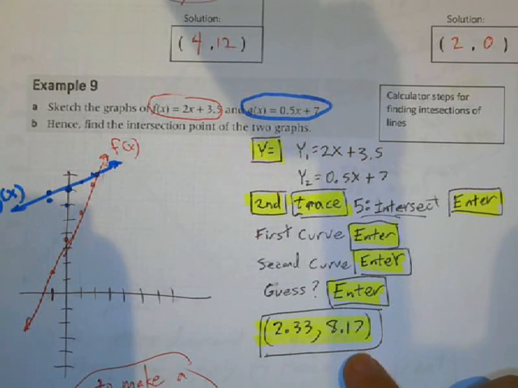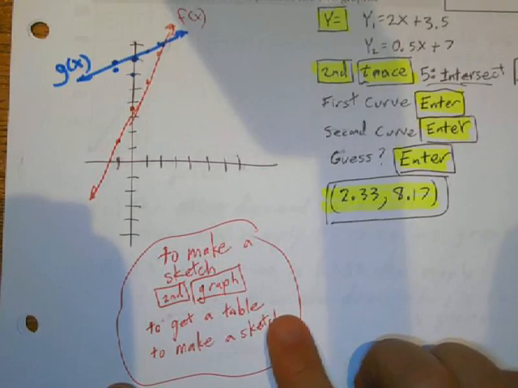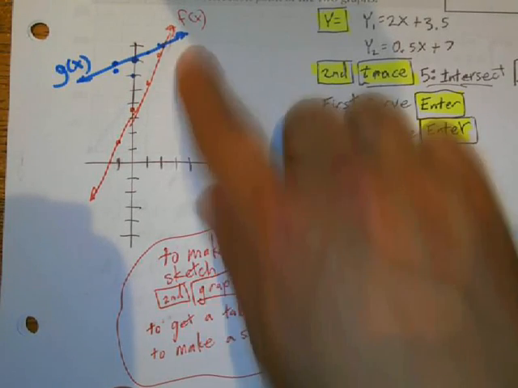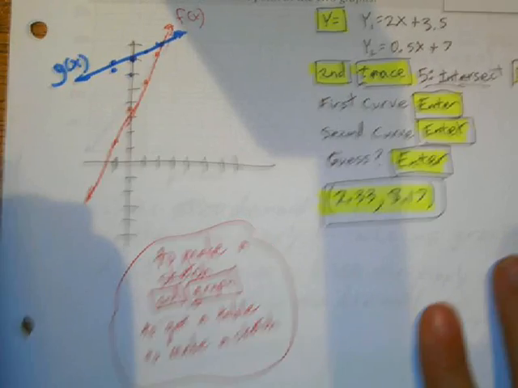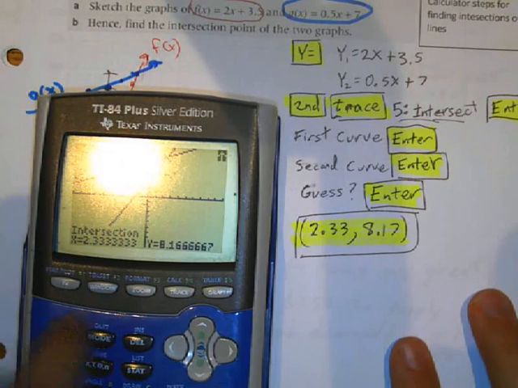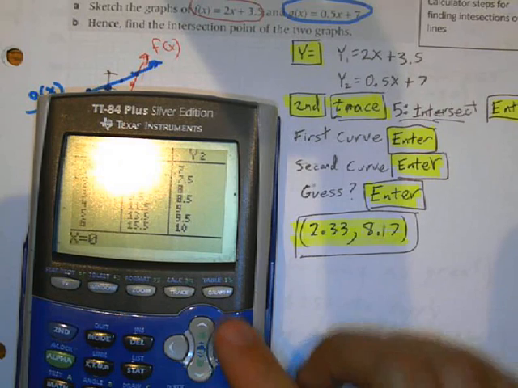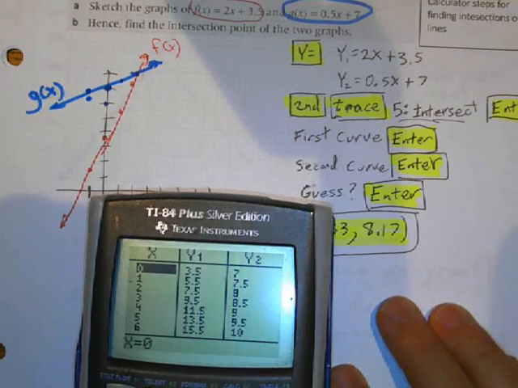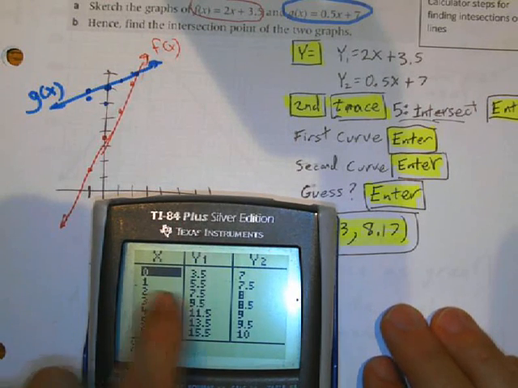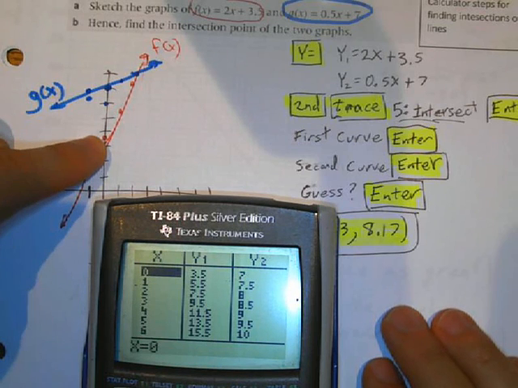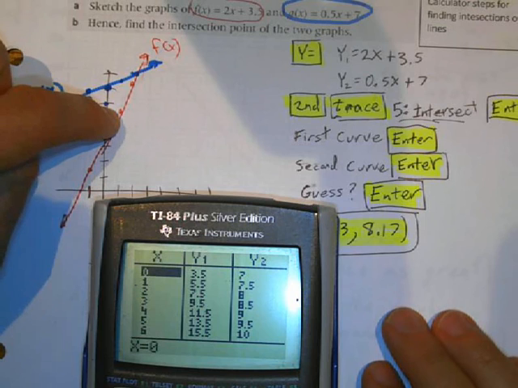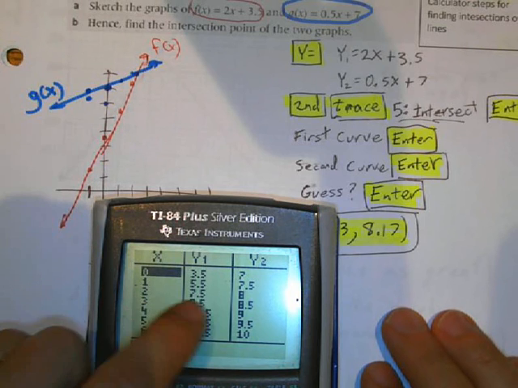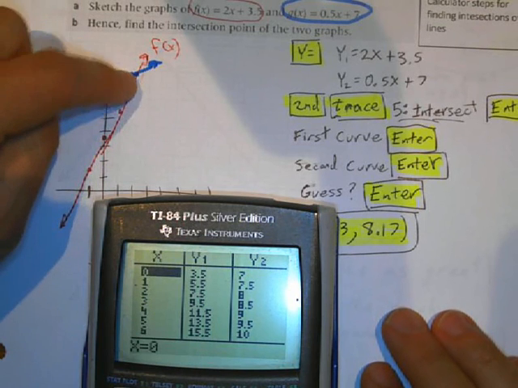Okay, now if I want to get a table to plot points, I can hit second graph to give me a table so I can make a sketch. I get a table which will help me plot some numbers. So 0, 3.5 is this dot right here. 1, 5.5 is this dot here. 2, 7.5 is this dot right here, the red one.